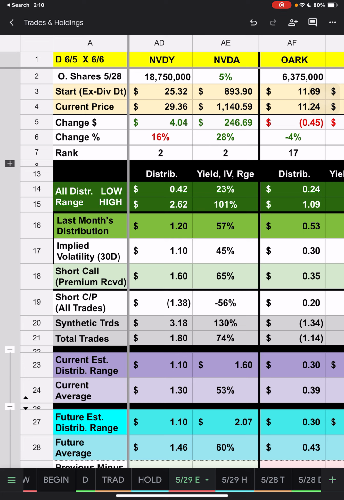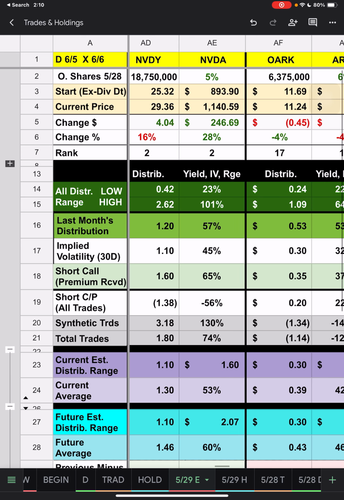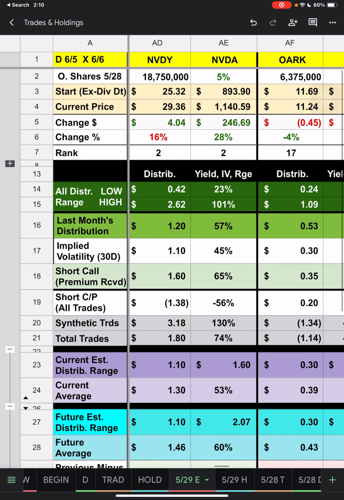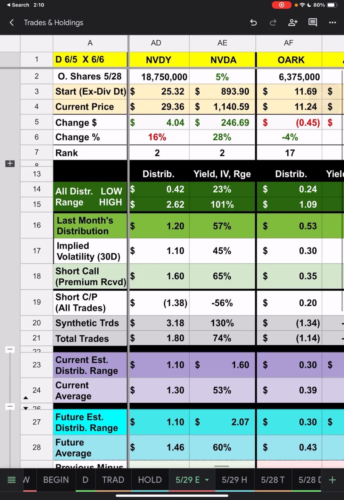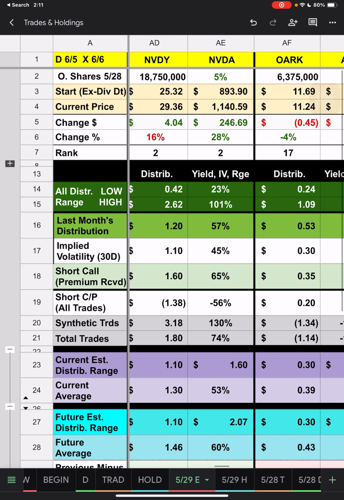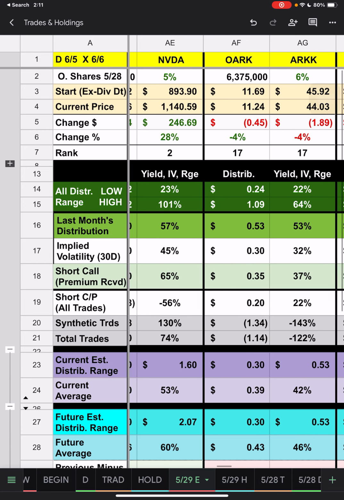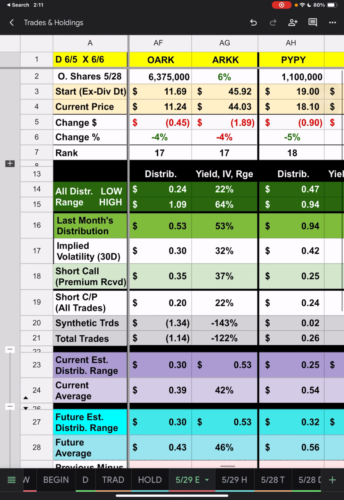Now from yesterday, we were at 90 cents to 220 with a $1.43 average. Last month we were $1.20, but the few months before that, I think we were at the 260s, 250s mark or something. So we might have a nice bigger distribution like that.